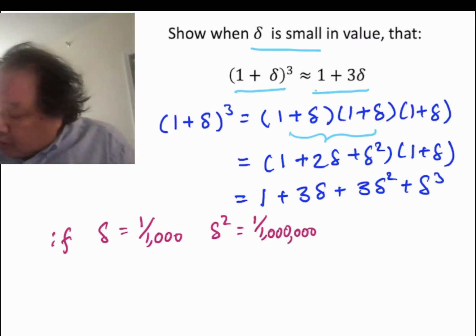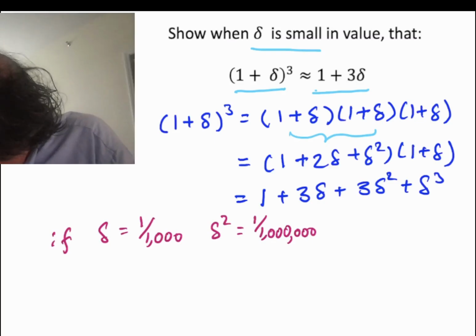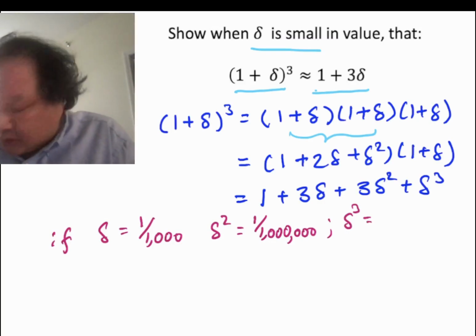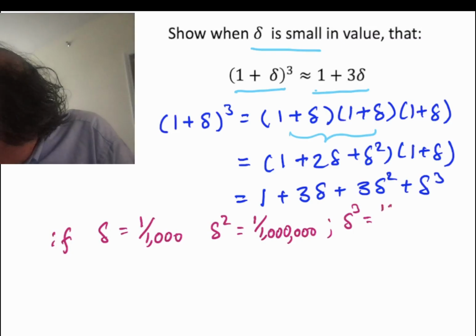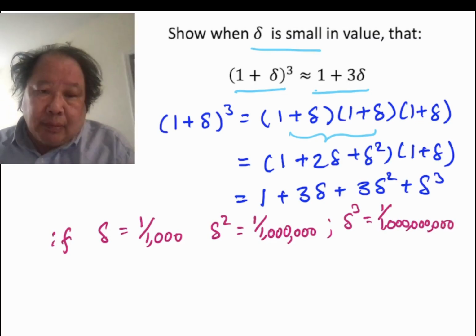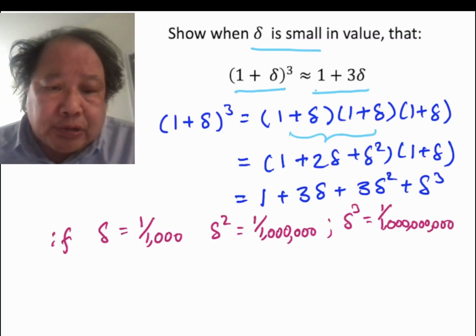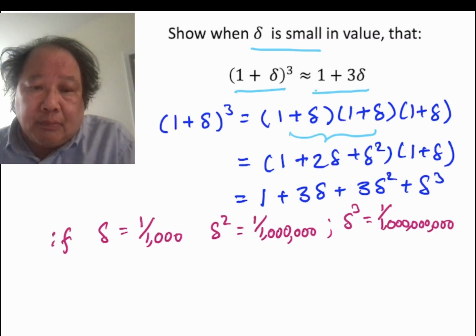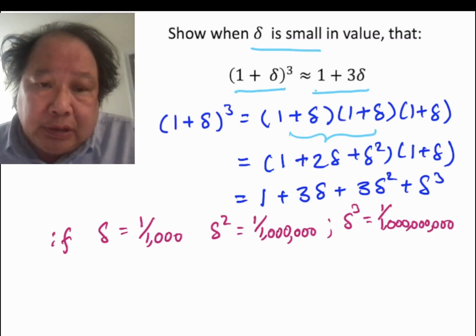And delta cubed would be delta times delta times delta, which is 1 over 1,000 times 1 over 1,000 times 1 over 1,000, which is 1 part per billion. So we see that the delta squared term is 1,000 times smaller than delta, and the delta cubed term is 1,000,000 times smaller.